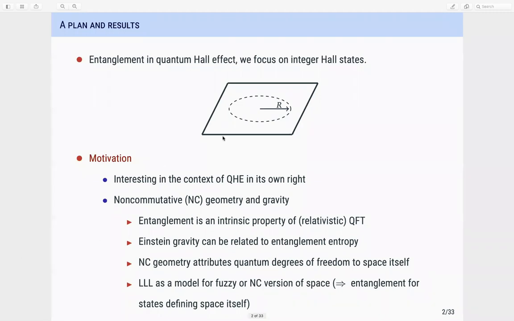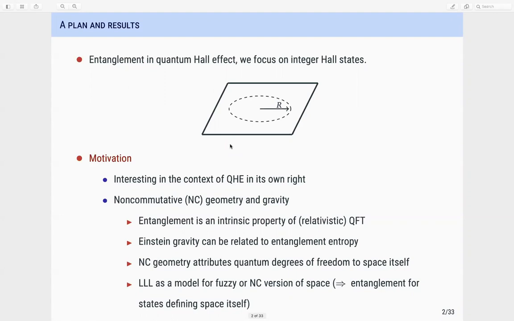So the physical setup to begin with is a two-dimensional surface. There is a number of electrons here in 2 dimensions. We have a perpendicular magnetic field. So the eigenstates of the Hamiltonian would be the so-called Landau levels. And we want to look at a state where you saturate, say, the lowest Landau level.